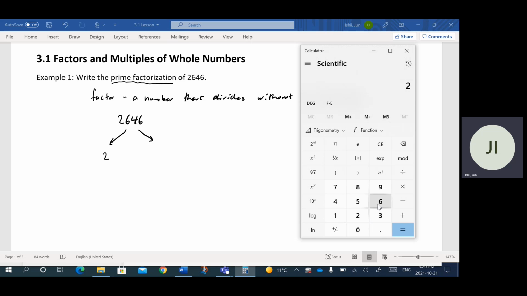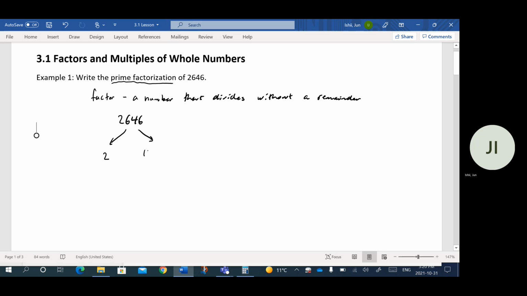If I take 2,646 and divide it by 2, that's equal to 1,323. So 2,646 is the same as 2 times 1,323. Now, there's no other number that divides into 2 except for 1 and itself. So this is a prime number, so we're going to leave the 2 alone on this side.